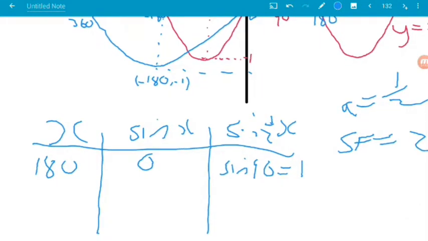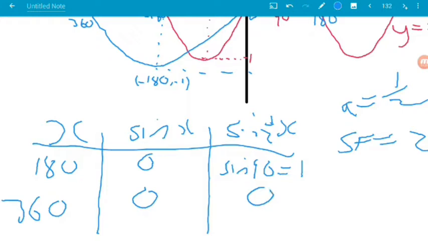What about when x is 360? Well, again, sine of 360 is equal to 0. Sine of 1/2 of 360 is sine of 180. Sine of 180 is also 0.